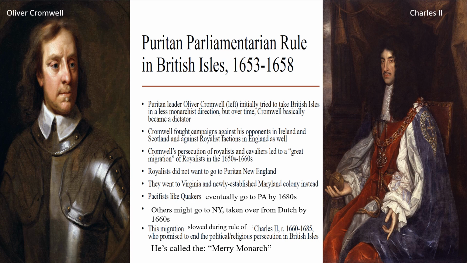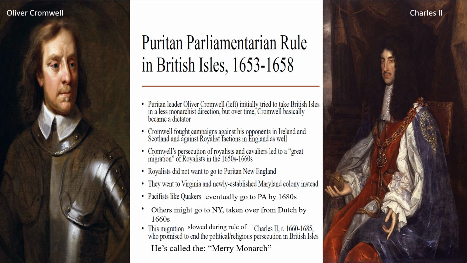But over time, Cromwell basically became a dictator, and there was suppression of non-Puritan people and elements of the English culture that the Puritans did not like, like theatrical productions. Cromwell will also fight campaigns against the Irish and the Scottish and against any remaining royalist factions in England. Again, the persecuted became the persecutors once they took over.